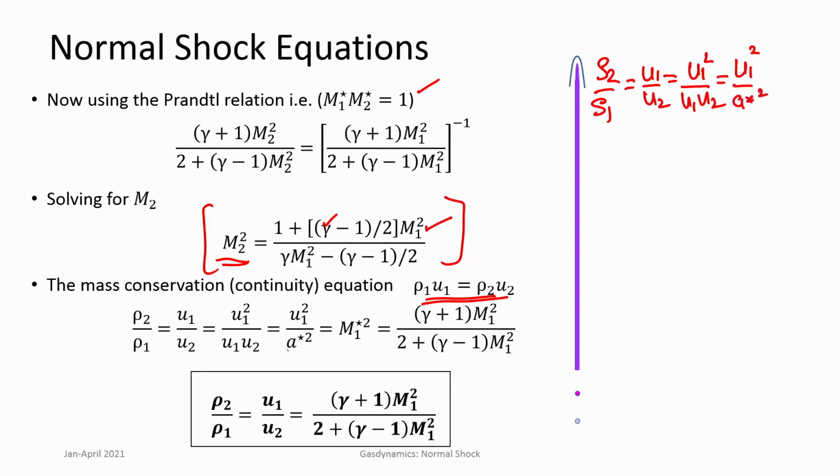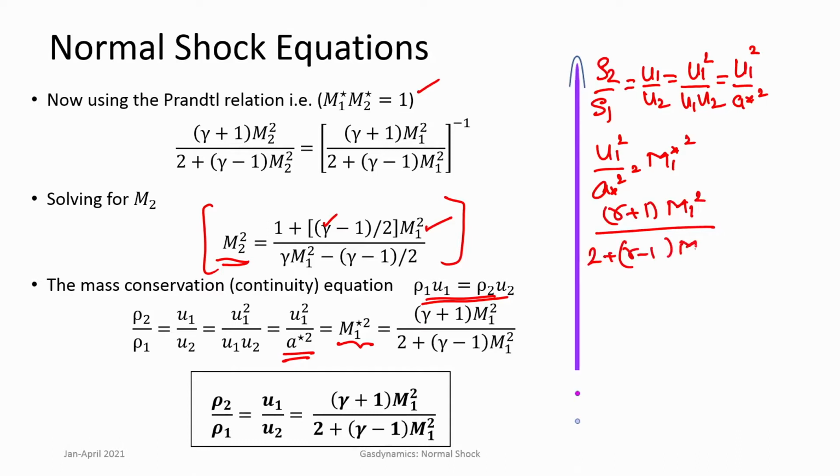That is what is written over here, and u1 square by a star square is nothing but the star Mach number M1 star square for the upstream flow, and star Mach number is written in terms of Mach number itself, gamma plus 1 m1 square by 2 plus gamma minus 1 m1 square.